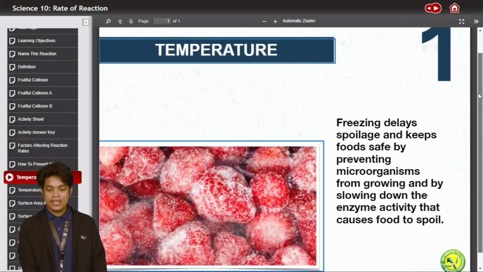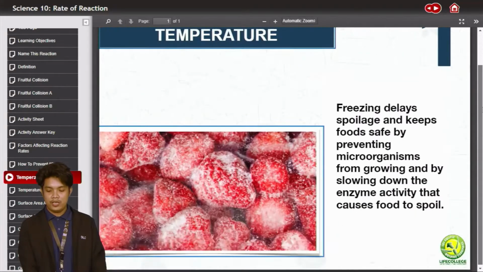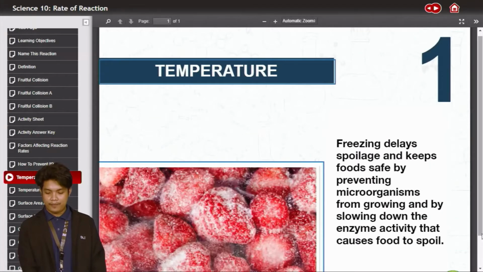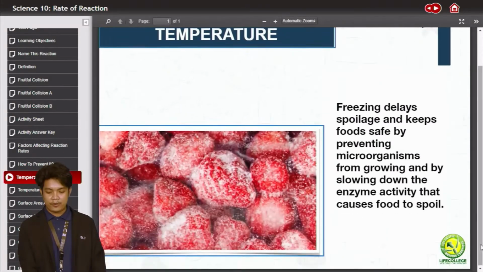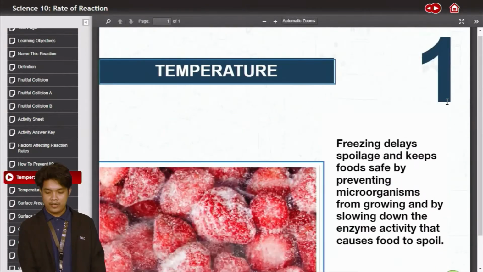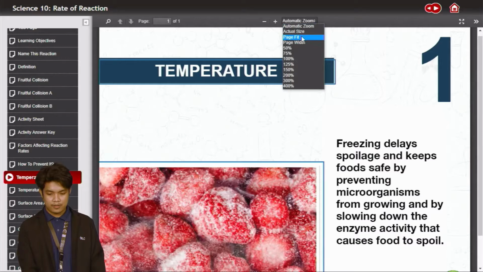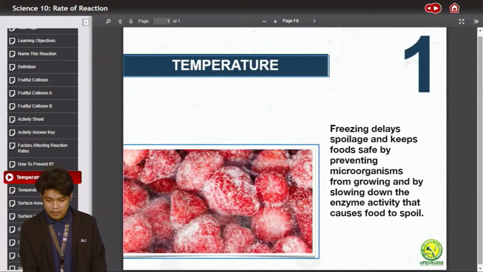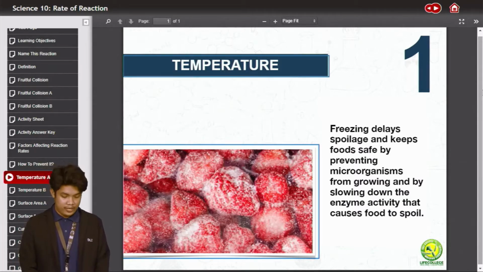It delays the spoilage and keeps food safe by preventing microorganisms from growing and by slowing down the enzyme activity that causes food to spoil.